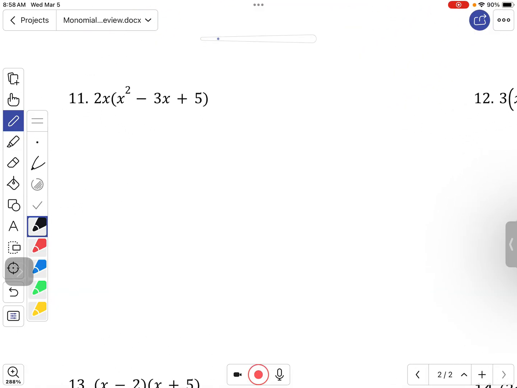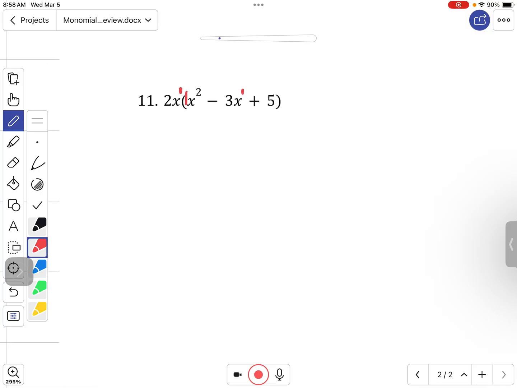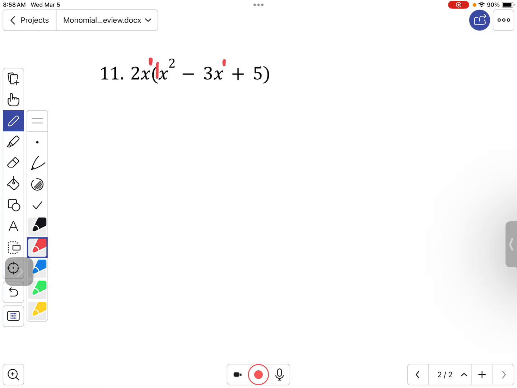Okay, let's look at this one. This one, we're going to distribute our 2x to the first to all three of those pieces. So remember, our big numbers times our big numbers, our little numbers times our little numbers, and when we multiply our little numbers, what we're really doing is adding. Okay, so if I have 2x to the first times 1x to the second, that's going to be 2 times 1 is 2, and then I have x to the third.